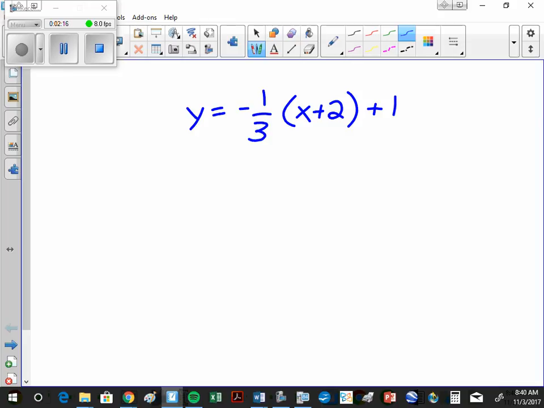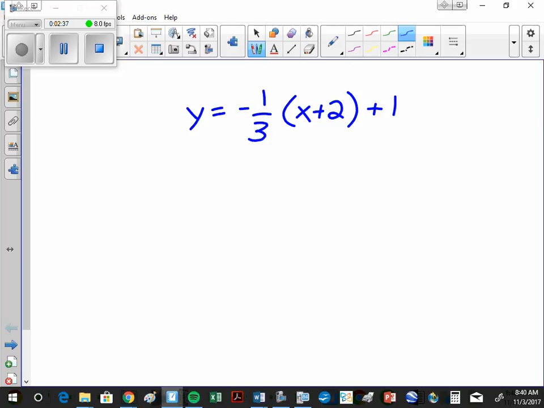Left 2, up 1, upside down, and 1/3 is tall. So if it asks you to describe the movement in words, it would be left 2, up 1, upside down, and 1/3 is tall.